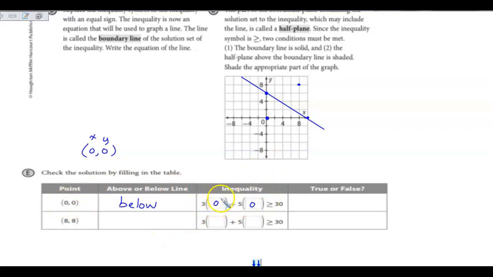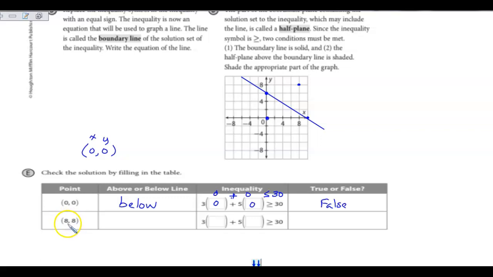So 3 times 0 is 0, and 5 times 0 is 0. And if I take 0 plus 0, do I get 30? No, I don't. It's less than 30. It's not greater than 30. So because it's less than, it's not greater than, this is a false statement. So that means that 0, 0 is not a solution.